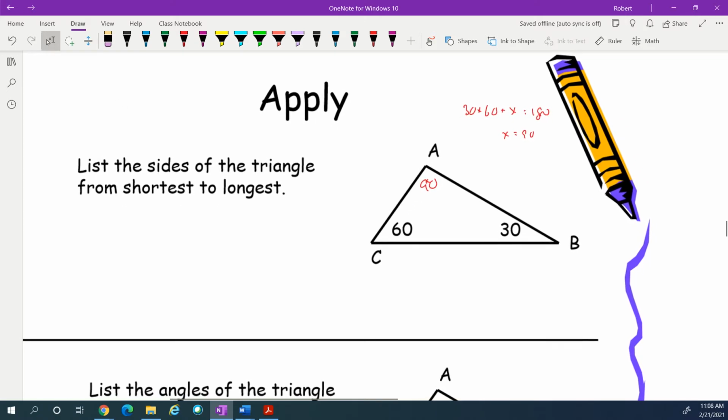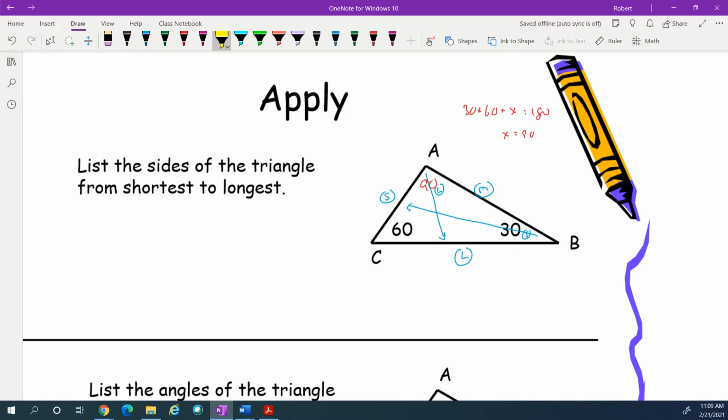Now, the biggest angle is 90, so this is the large side right across from it. So the largest angle is opposite the largest side. The smallest angle, draw an arrow out of it, is going to point to the smallest side, and now I'm left with my medium.